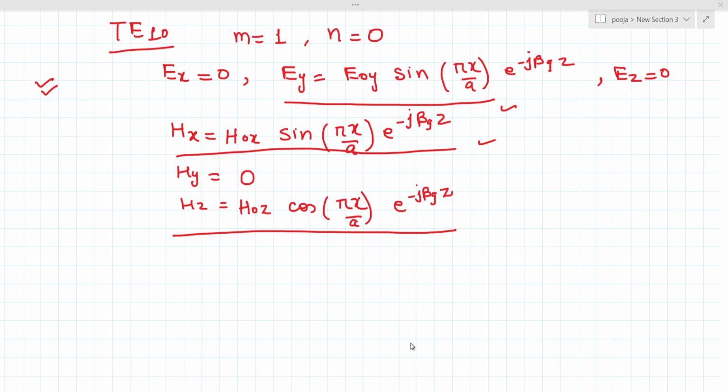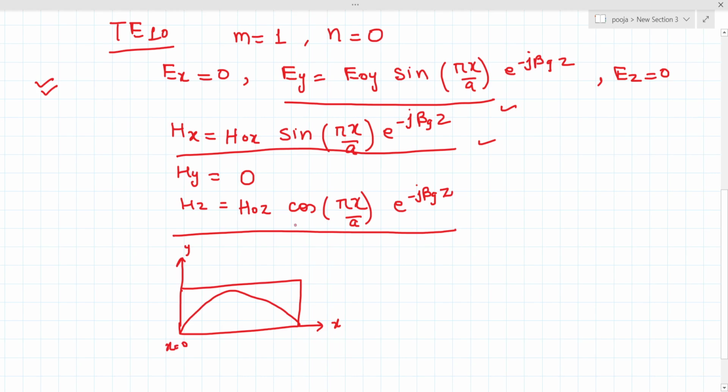From this equation you can see that Ey is varying sinusoidally. So this is the rectangular waveguide, and along the x-axis the Ey component is varying sinusoidally. This is a half wave which will exist within the waveguide cross section. At x equals 0, this is 0.